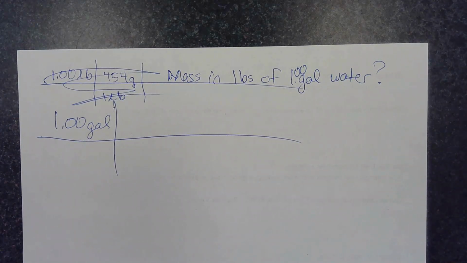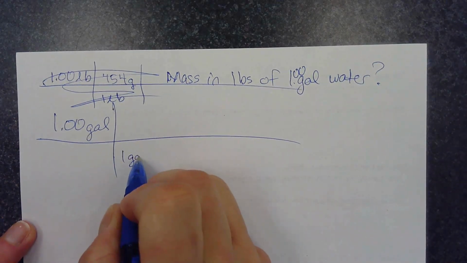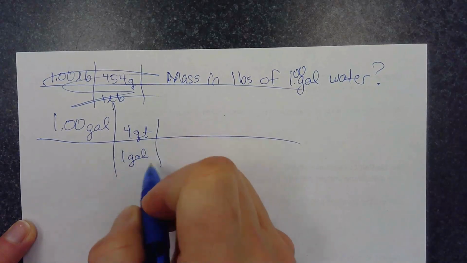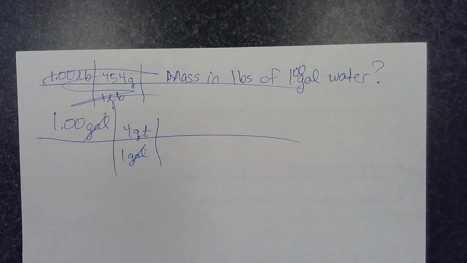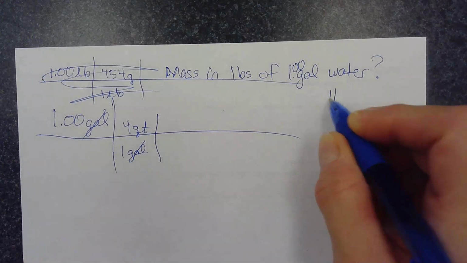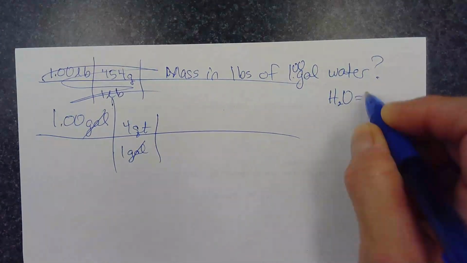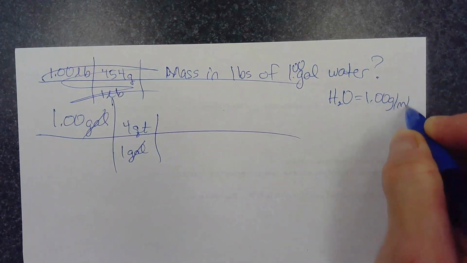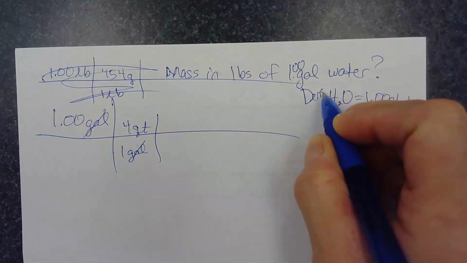Now, 1 gallon is what? 4 quarts. So gallons cancel. I'm going to be quiet. You answer this question. You solve it. See if you can figure it out. Use density as a conversion factor. Water is 1 gram per milliliter. Density of water is 1 gram per milliliter.